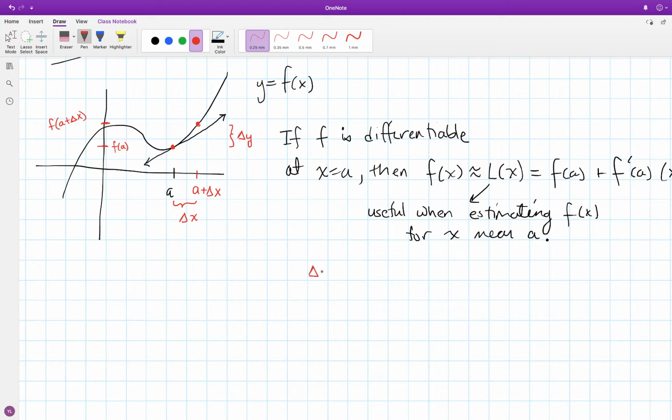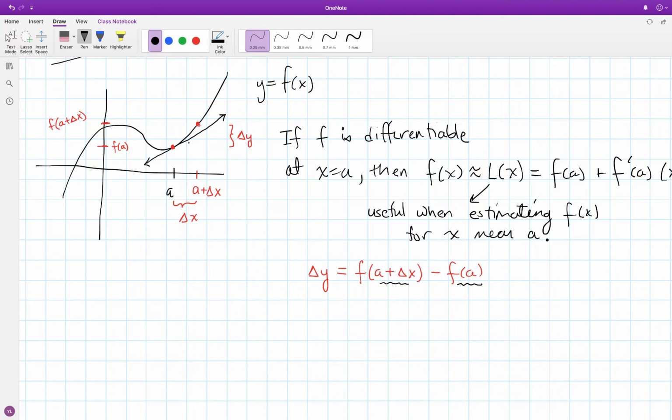So let me write that down as an actual definition here. Delta y is basically how much the y variable changes when you change the x variable from a to a plus delta x. Okay, and of course the point of the section is, well, I don't want to compute that directly. Like maybe a is easy to plug into the function, but perhaps a plus delta x is a little bit awkward to plug into the function.